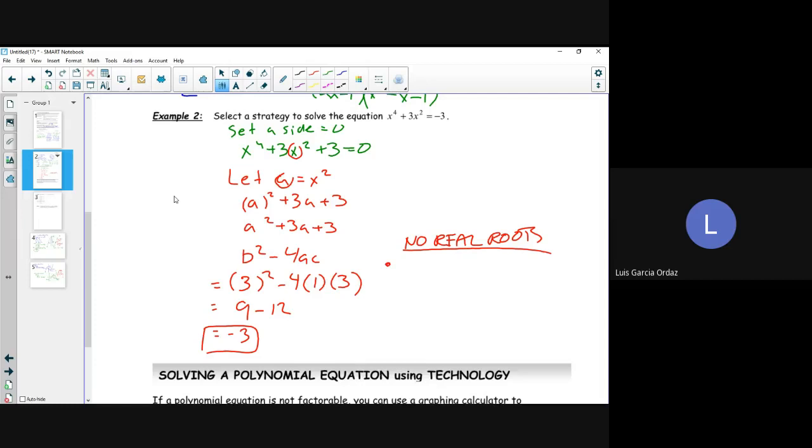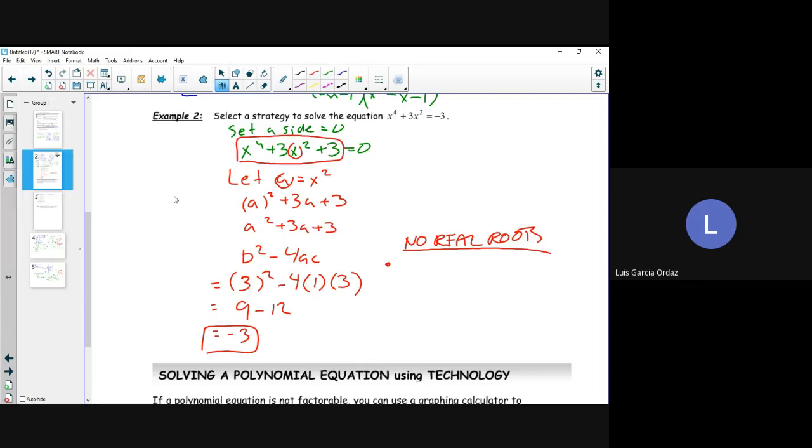Okay, and why do we have no real roots? Let's see what you guys can come up with. Cohort A and C, you guys can answer this question too. Why do we have no real roots in this question? Okay. But what else? I'm talking about this expression in general.